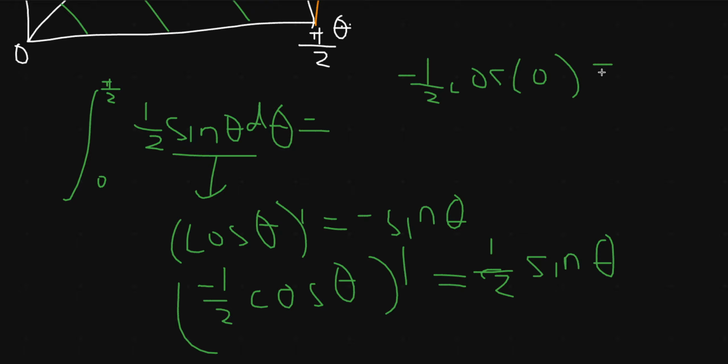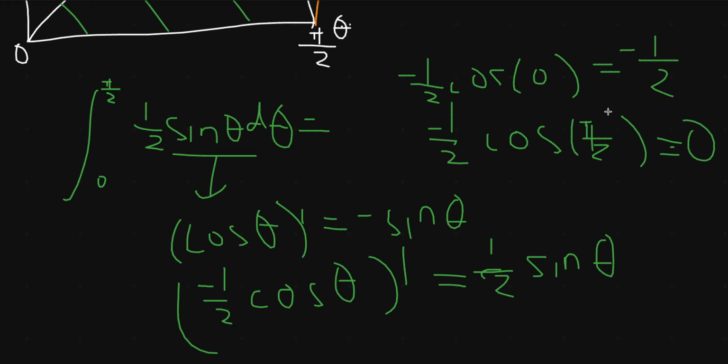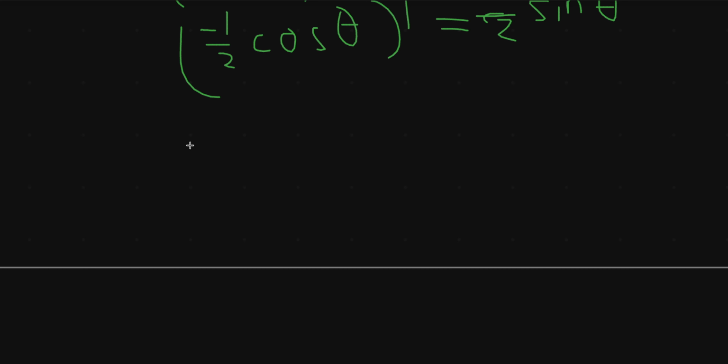That's simply negative 1 over 2. That's the lower bound. How about the upper bound? Negative half cosine of pi over 2. Cosine pi over 2 is 0, so the whole thing is 0. So upper bound minus lower bound is equal to half. So the area is half, right?